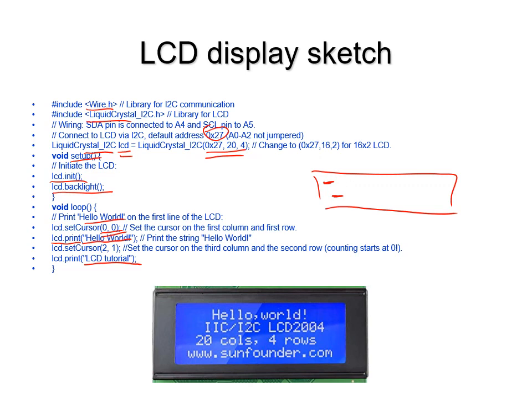Okay. Now the result may look somehow like this one, but it may not be correct because the hello world should be moved to here, and we don't have this for row, but in here we should have the LCD tutorial.